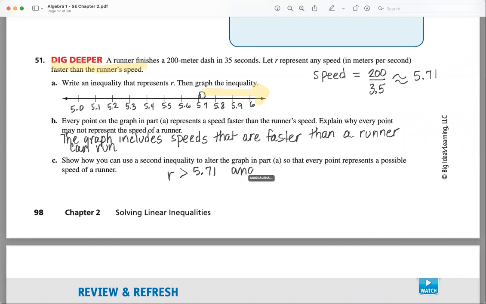And also graph, let's say, less than 10, right? Because then it would include between 5.71 and 10.